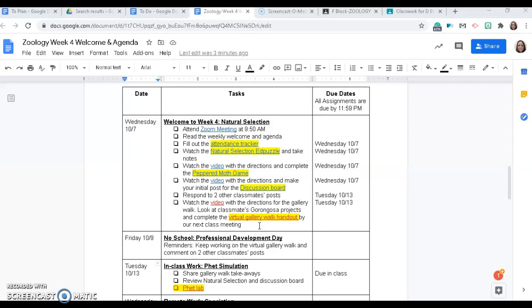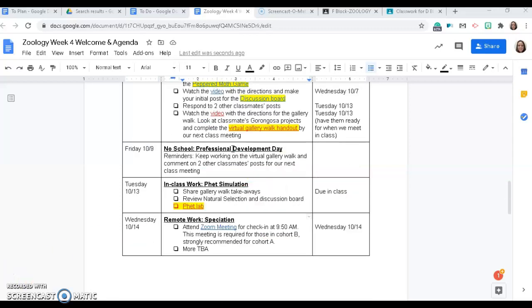You need to have these two things ready for you when you come to class on Tuesday if you are in cohort A, because when you come to class on Tuesday, we're going to talk about these things. On that professional development day, Friday, I'm not assigning any additional work other than keep working on the gallery walk and commenting on your classmates' discussion board.